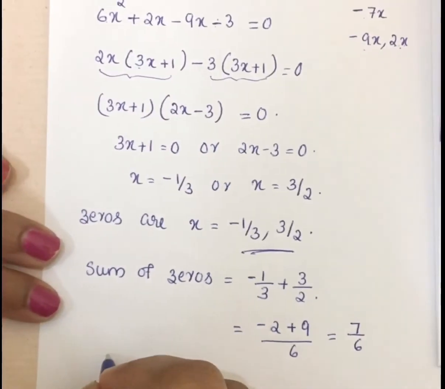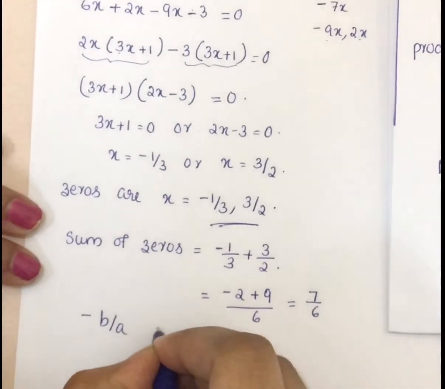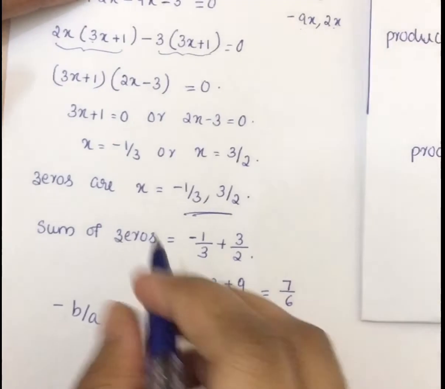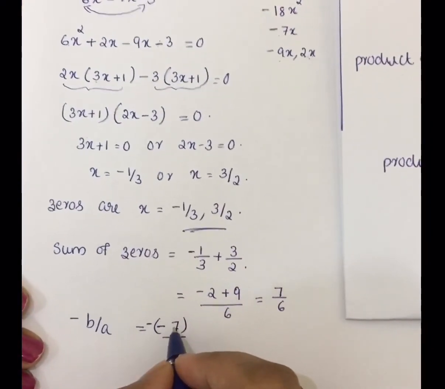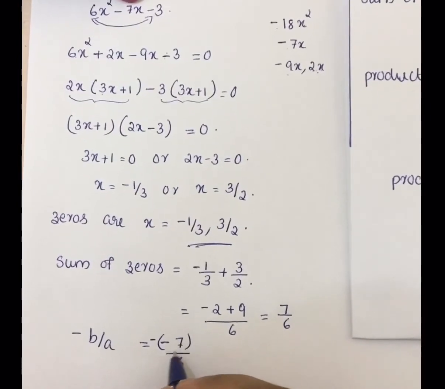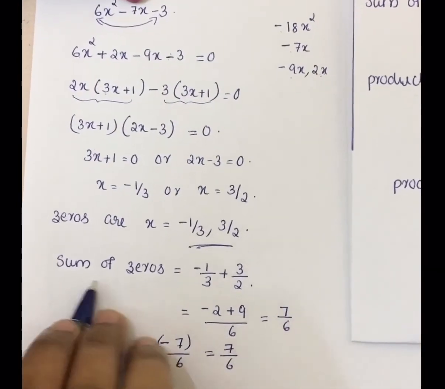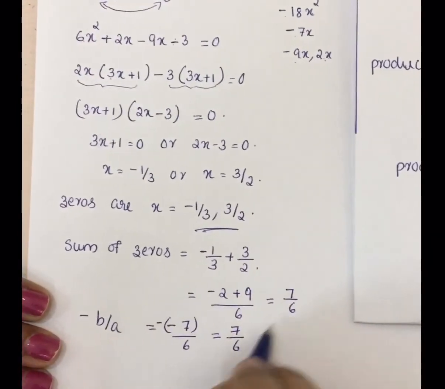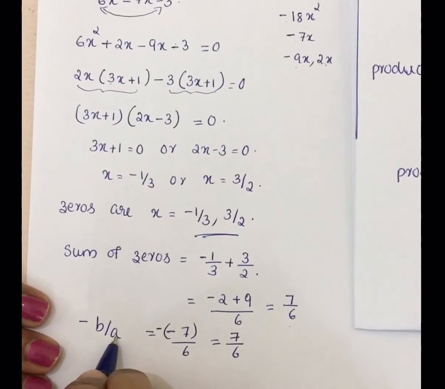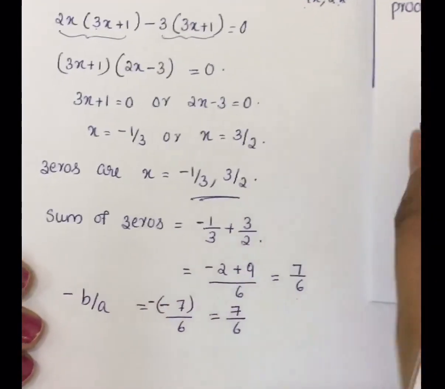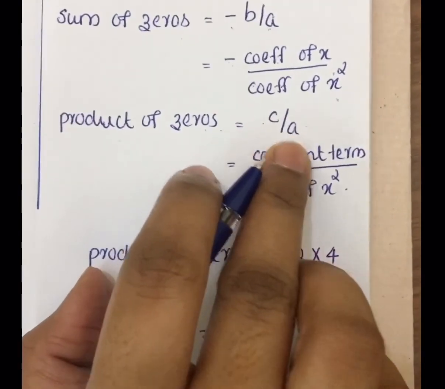And minus b by a equal to minus of b, minus of minus 7, divided by 6, which is equal to 7 by 6. The sum of zeros equal to 7 by 6, which is equal to minus b by a. Hence it is verified.